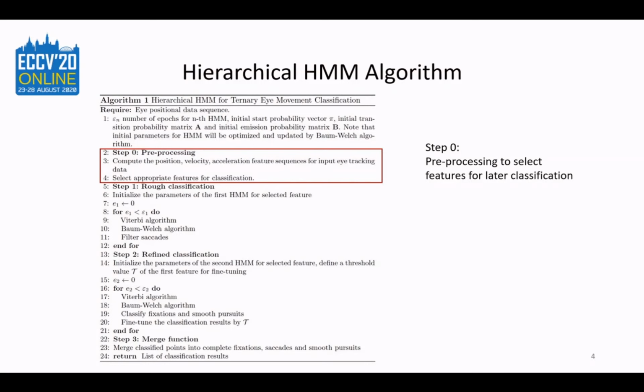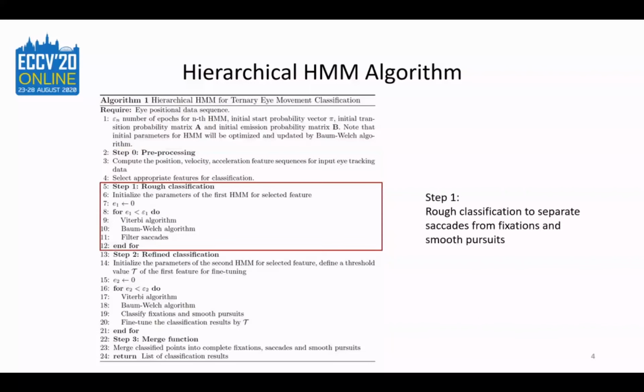In our case, we select the velocity and the positional features. After selecting appropriate features, we perform the first stage rough classification on the eye tracking data to separate saccades from the fixations and smooth pursuits using the hidden Markov model.